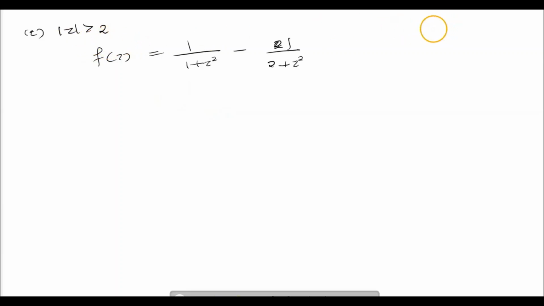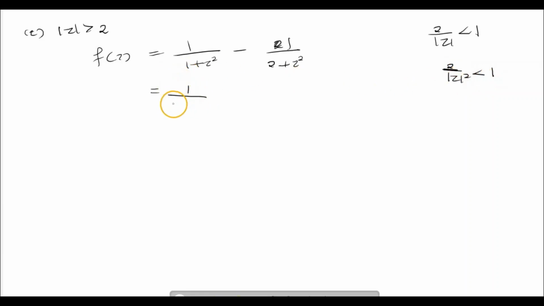That means 2 by mod z is less than 1. 2 by mod z less than 1 means we can take 2 by mod z square also less than 1, since denominator is increasing, the term will decrease.